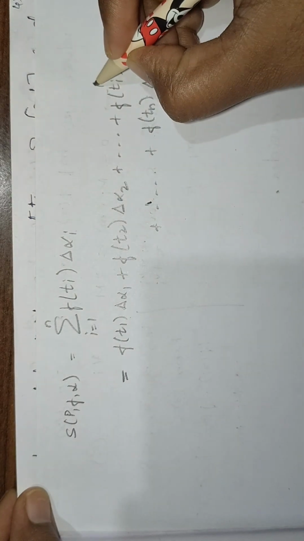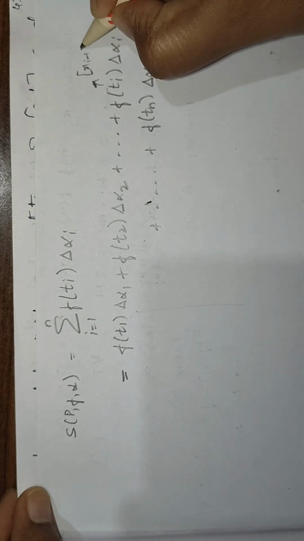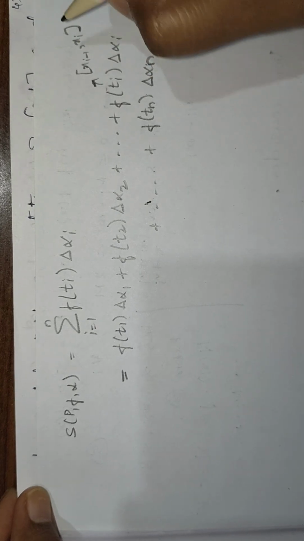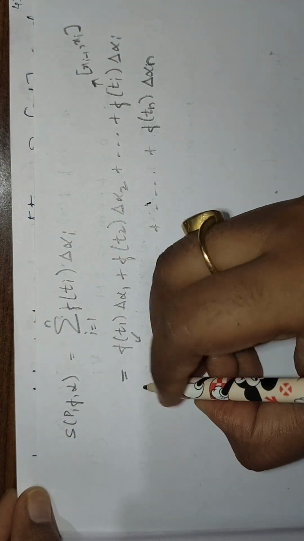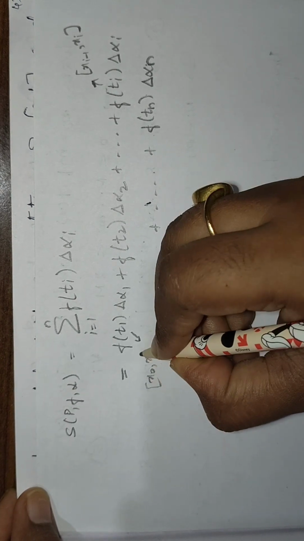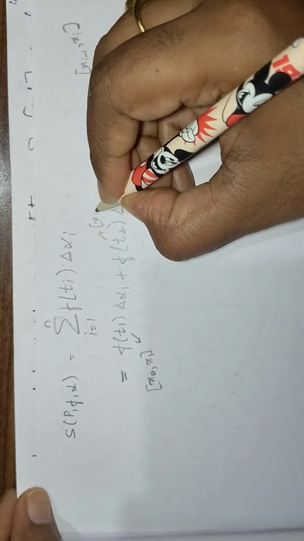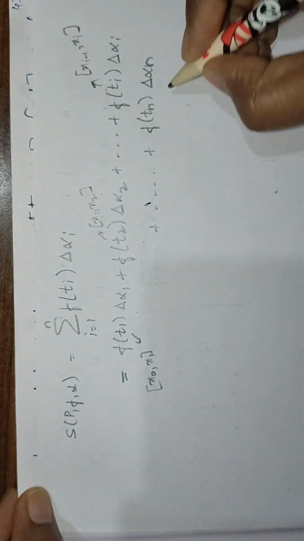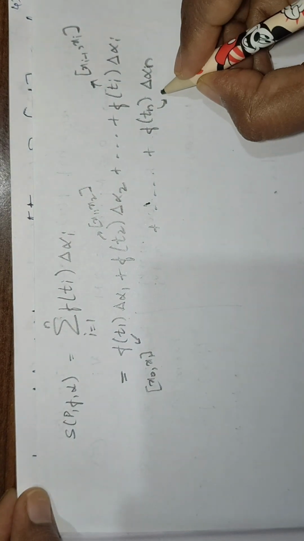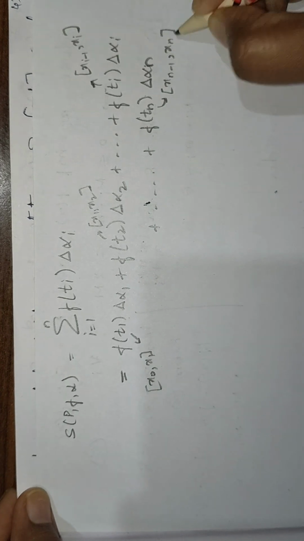And this ti is picked from the subinterval [x_{i-1}, x_i]. This t1 is picked from the subinterval [x0, x1], similarly t2 is picked from the subinterval [x1, x2], and similarly tn is picked from the subinterval [x_{n-1}, x_n].